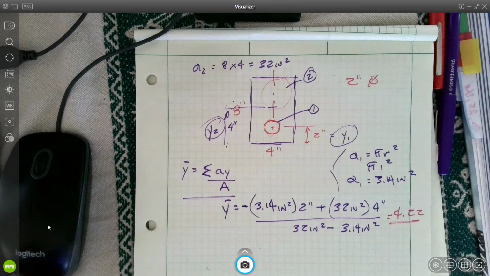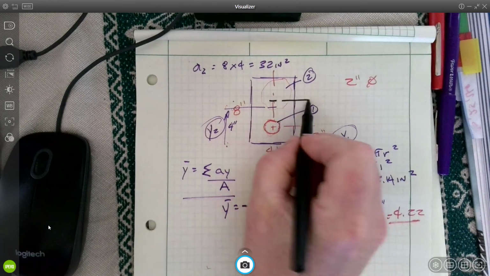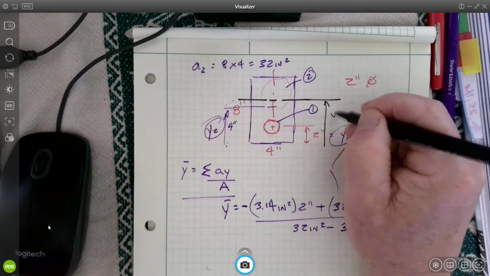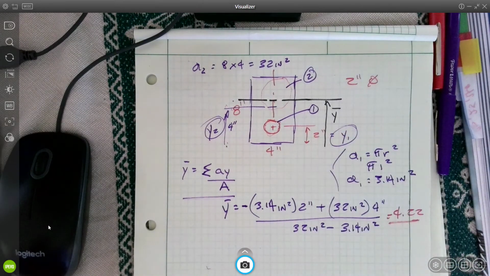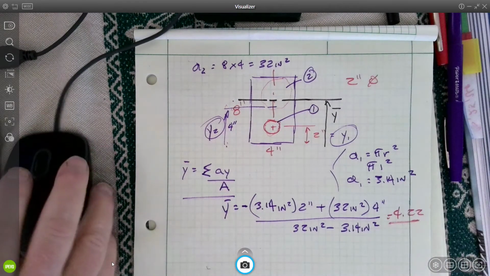Because when we go to inertia, we need to know where that composite centroid is, or that composite y-bar. So here is y-bar. And that'll be what we do next, is a review of the inertias. But for now, we'll just stay with this.